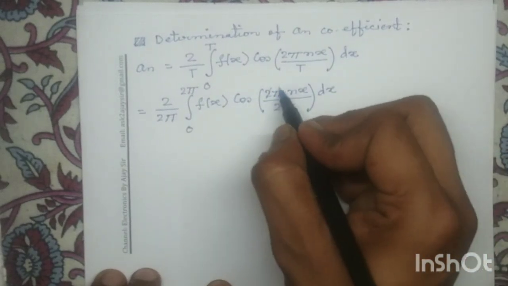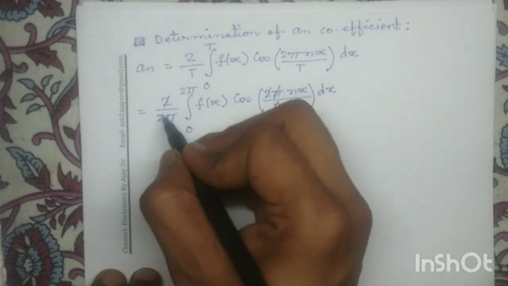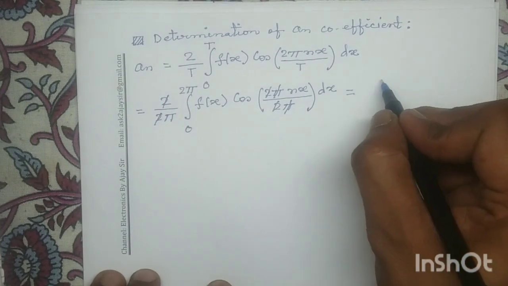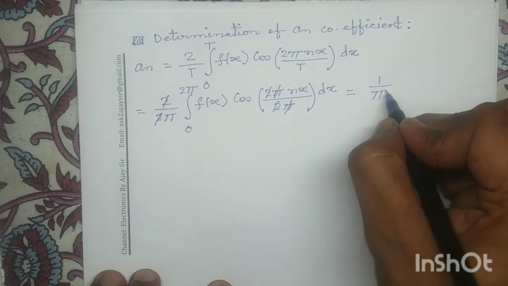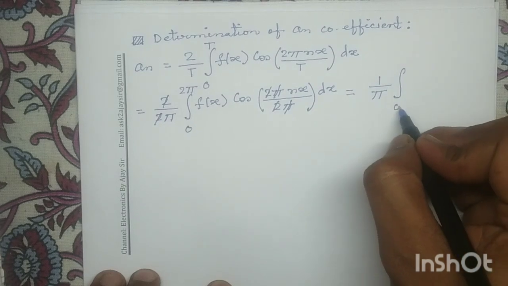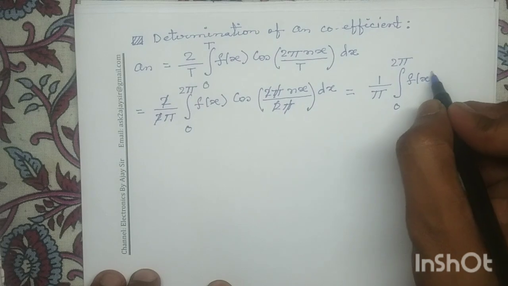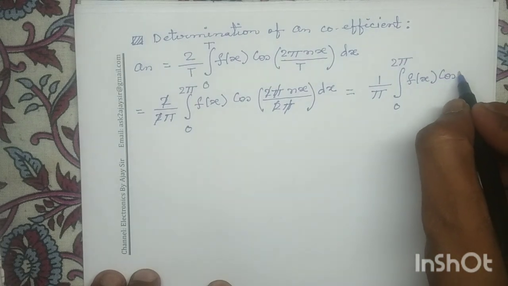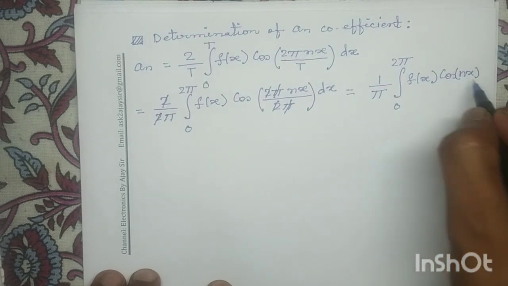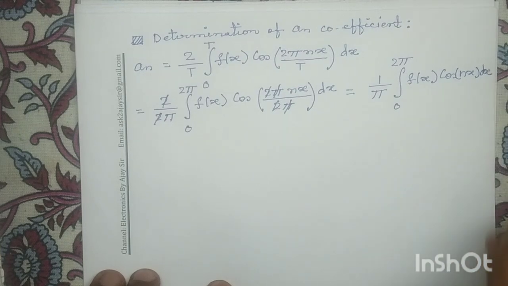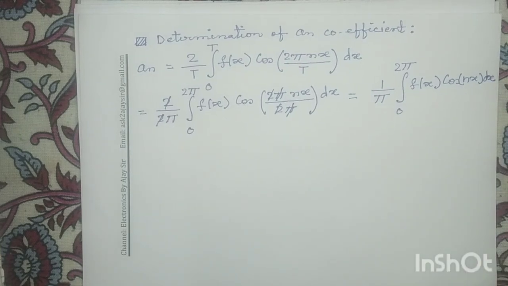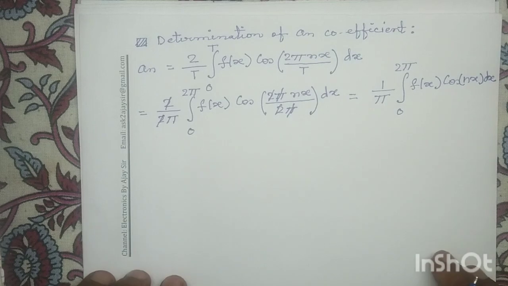So on simplification, we will obtain the expression 1 by pi integration 0 to 2 pi f of x cos nx dx. Now we will split this integration from 0 to pi and pi to 2 pi. In this question, from 0 to pi f of x is equal to 1 and from pi to 2 pi f of x is equal to minus 1.